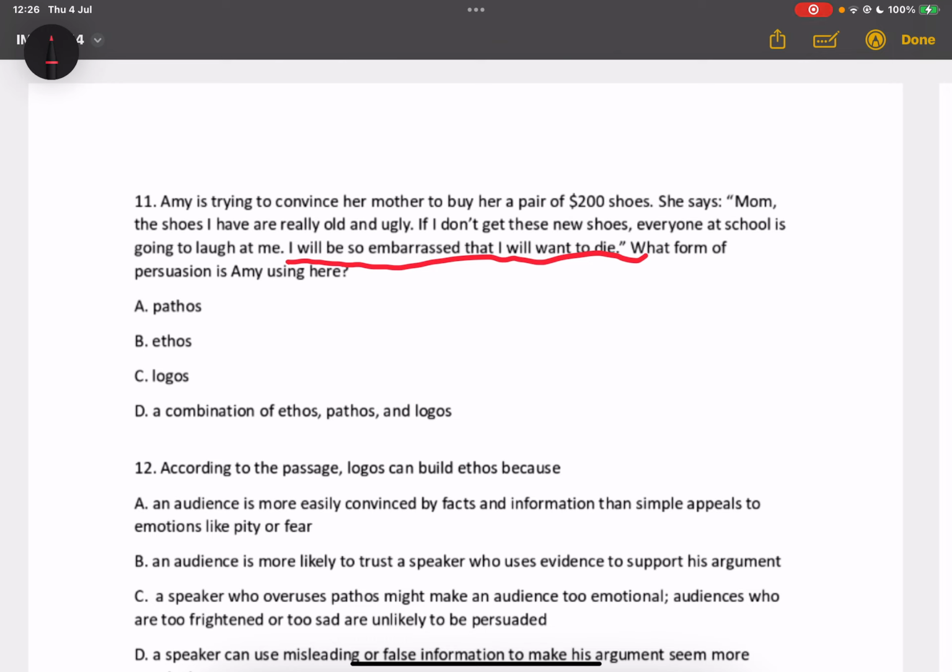C is logos, which is her statistics, which she doesn't have because she doesn't say it. Although it tells us here, it's not in her speech, which is here. So that means that 11 is going to be A, her pathos.